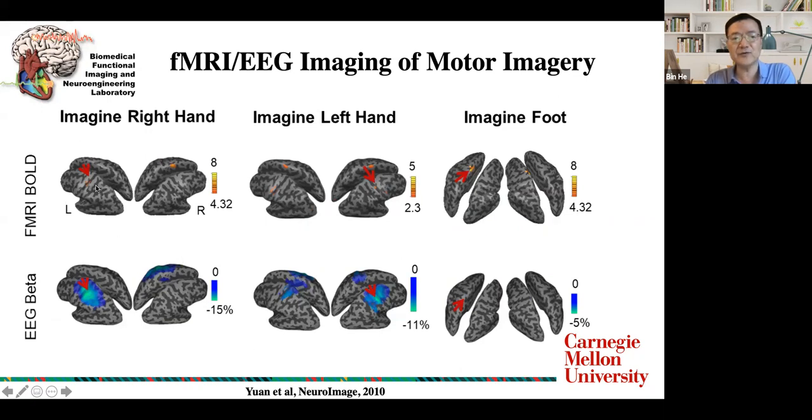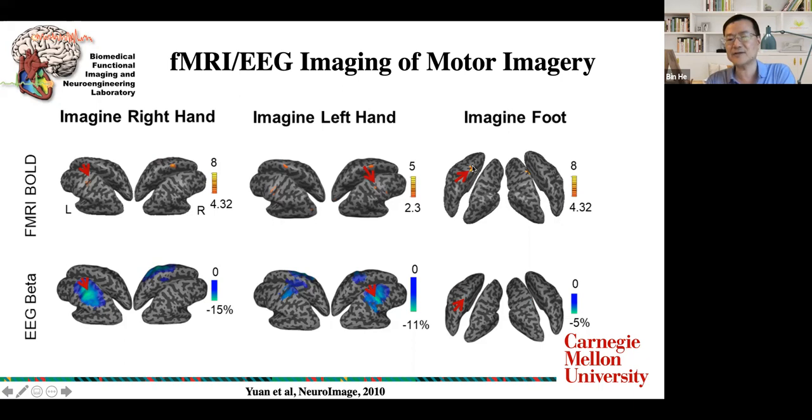You can see what we discussed, this contralateral BOLD elevation associated with imagining right hand movement. If we imagine moving the left hand, the right motor cortex shows BOLD elevation.